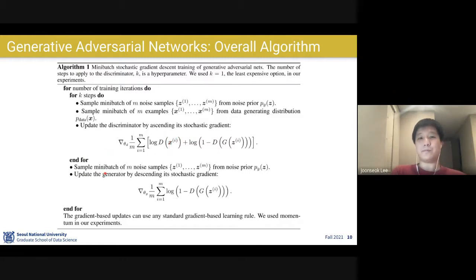And then we generate another m fake images, and at this time we just update the generator only to minimize this loss function. And we just repeat. So one is fixed and the other is updated, and then that is fixed and the other one is updated. We just repeat alternatively like that. Then we're going to have a better generator in the end.